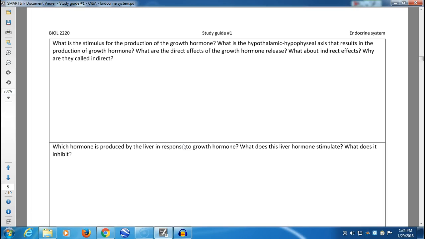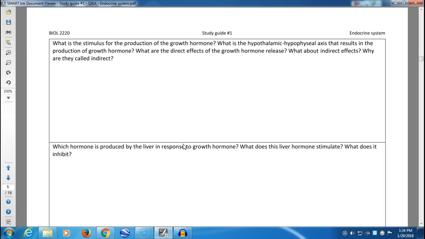What are the direct effects of growth hormone? Elevate. So, if blood glucose is low as a stimulus, what's going to be the direct effect? Increase the blood glucose. If free fatty acids are low, what's going to be the direct effect? Increase free fatty acids by breaking down fats, so lipolysis.